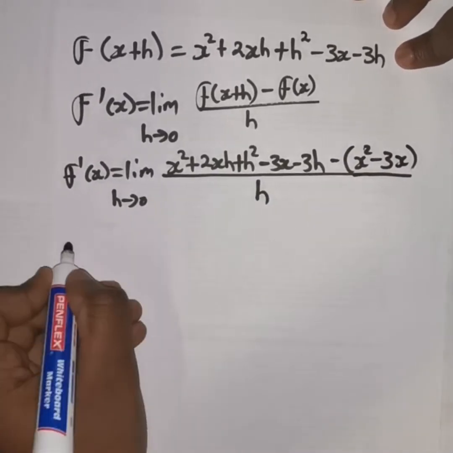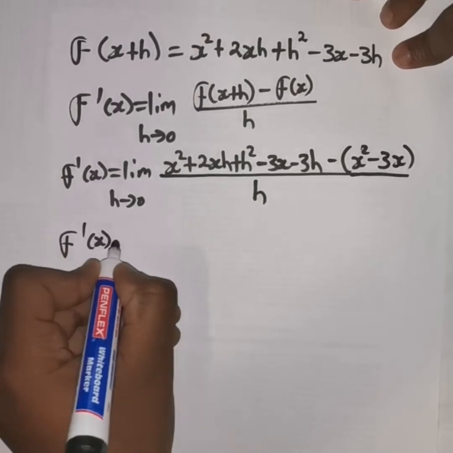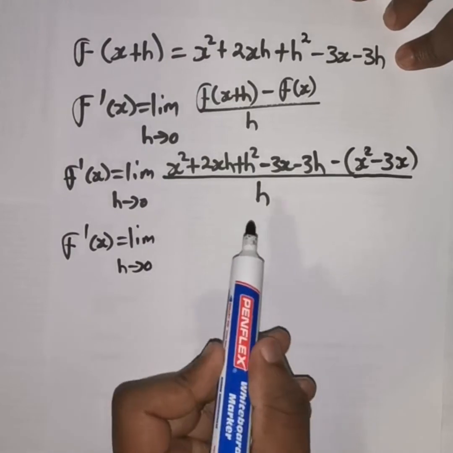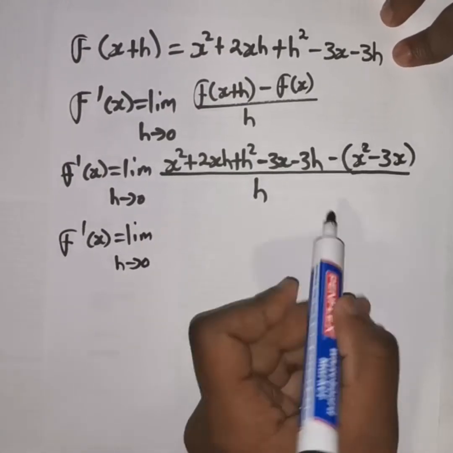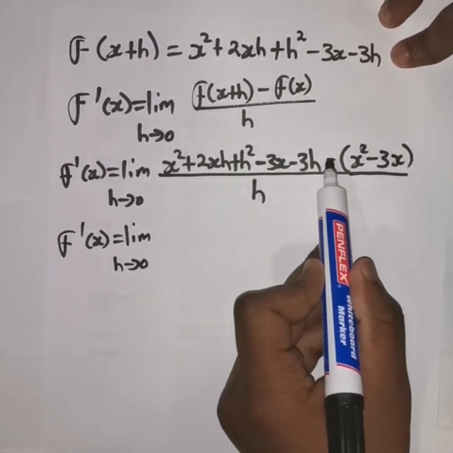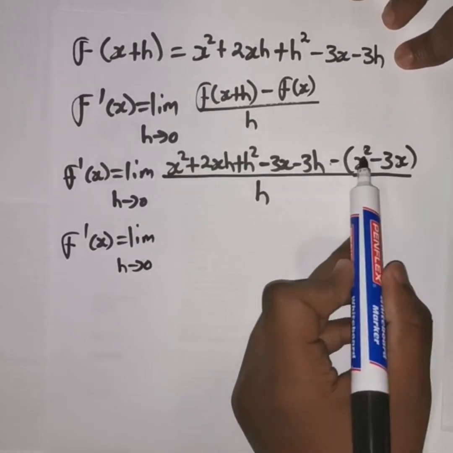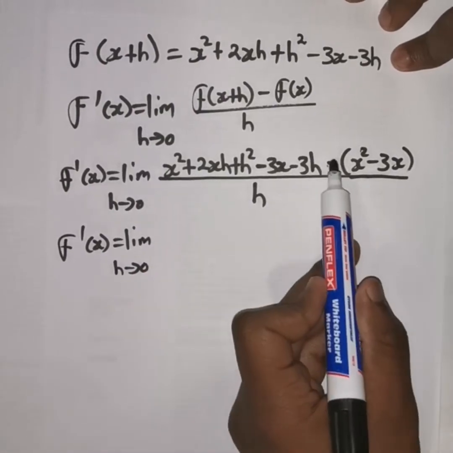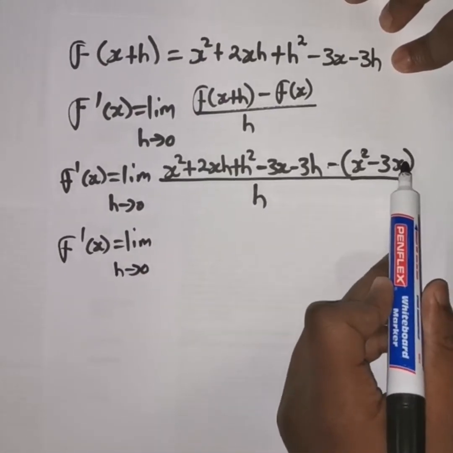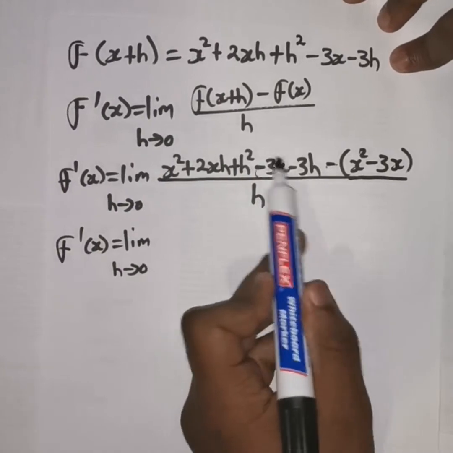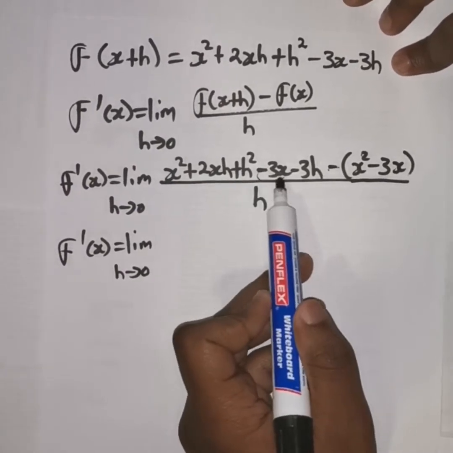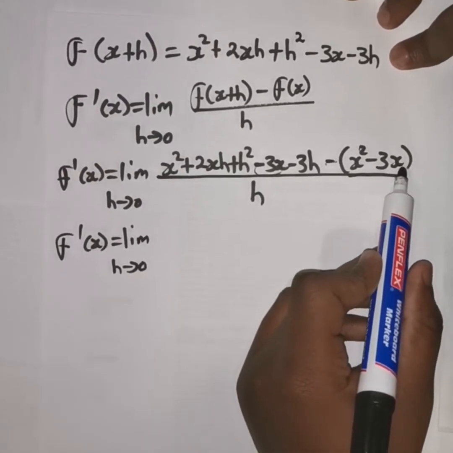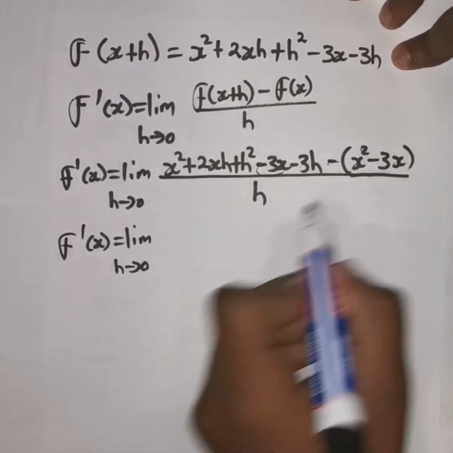Without adding a lot of unnecessary steps, we can tell that this is going to give us a negative x squared and a positive x squared, and they're going to cancel out. And then we have a negative 3x and a positive 3x, so they're going to cancel out.